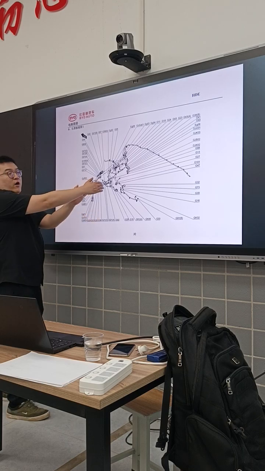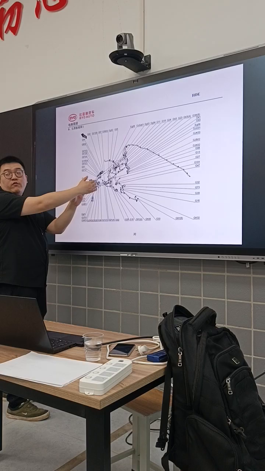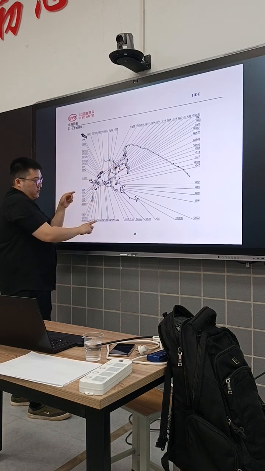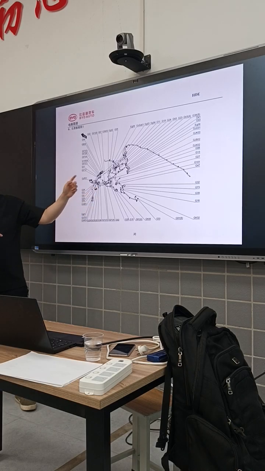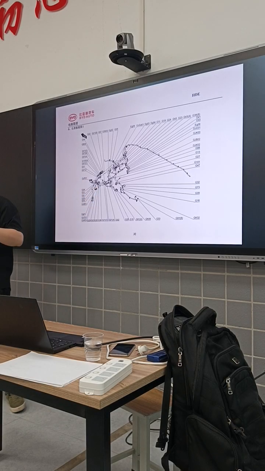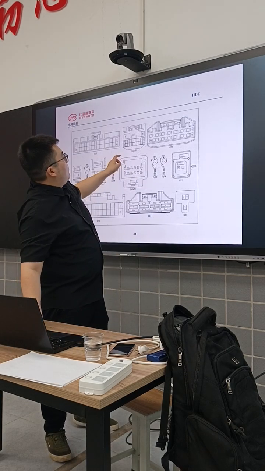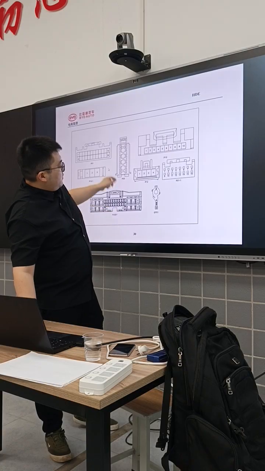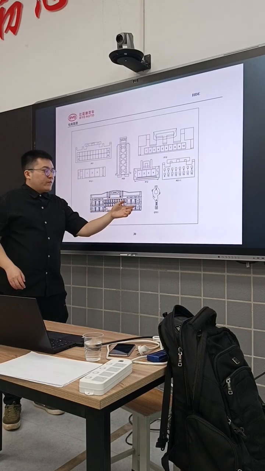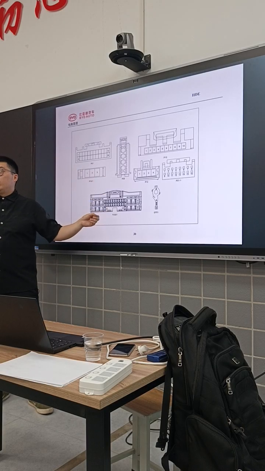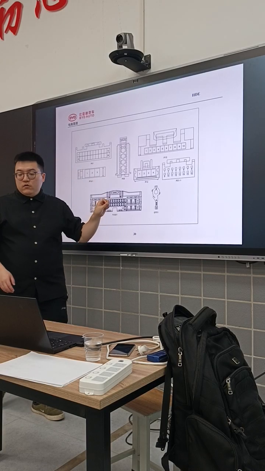This is the driver position, this is the passenger position. It's right here. You can use this to find the plug and find the wire. The diagram has all the plugs and all the wires in it. You can use this to find the wire.